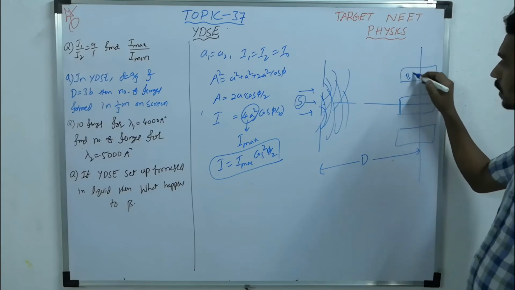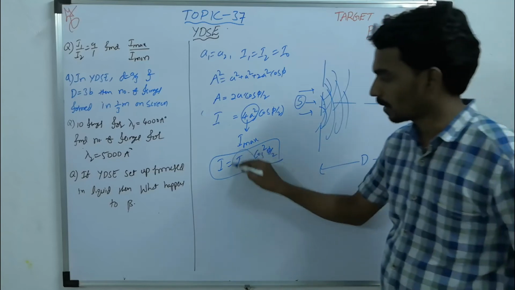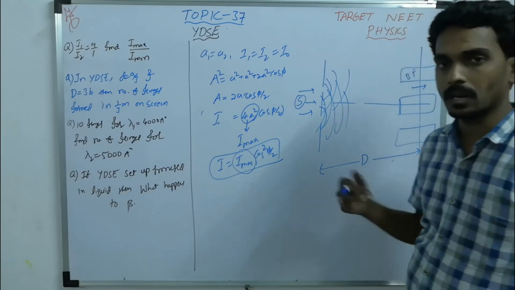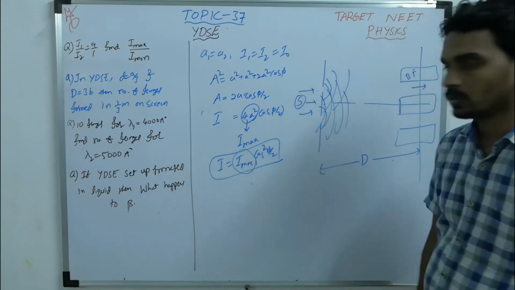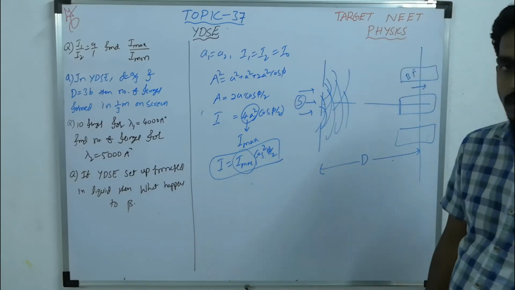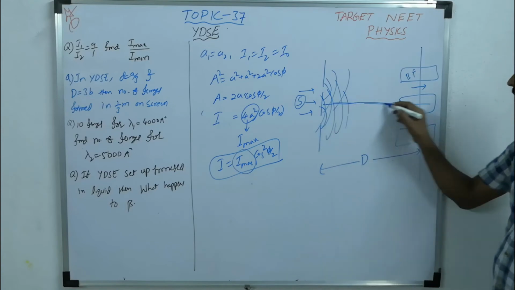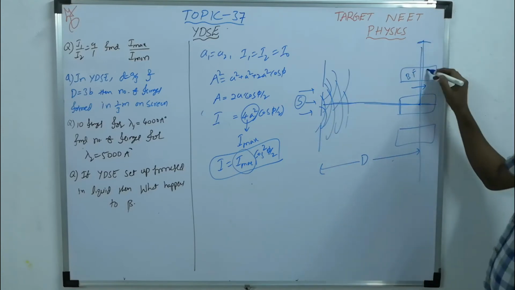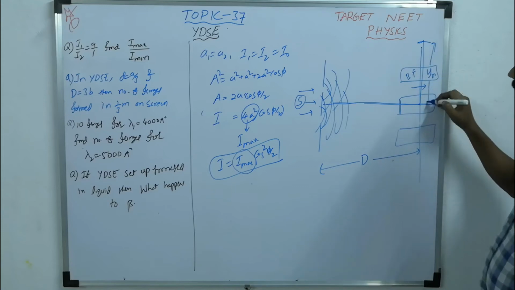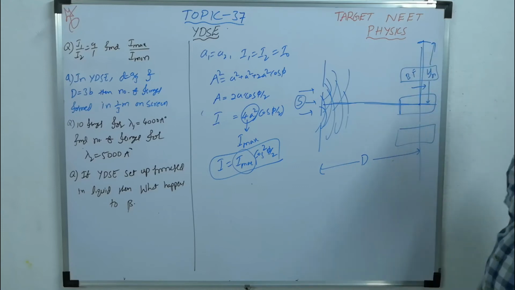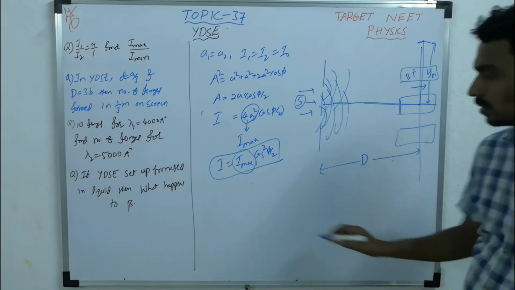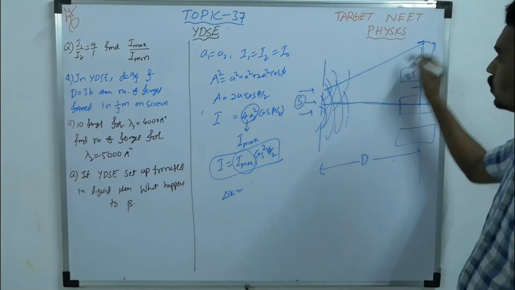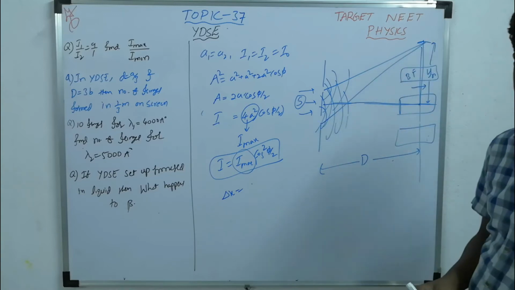Bright fringe means the intensity is maximum. Dark fringe means the intensity is minimum, almost zero. So here what they can ask you is, from the central position, what is the distance y n of the nth bright fringe or nth dark fringe.